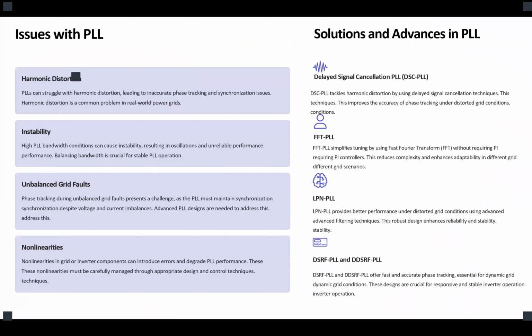Now, we already said that we have several problems that could be faced in our PLL system. One is the harmonic. We talked about that. If there is harmonic distortion, what do we have to do? The solution we had is to move on from zero crossing to more sophisticated, more advanced techniques in order to eliminate the harmonic.